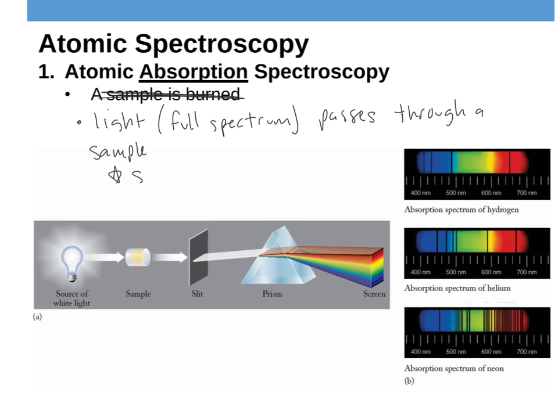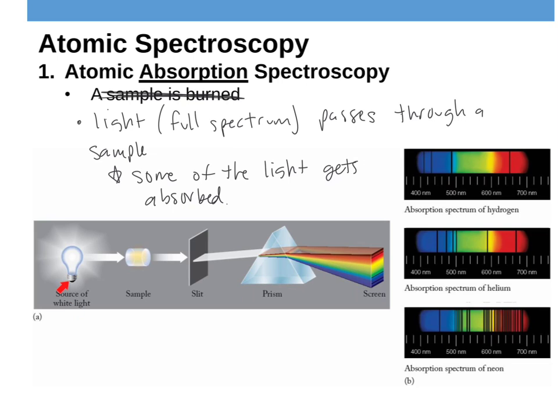Now the idea here is that some of the light gets absorbed. Hence the term absorption spectroscopy, right?